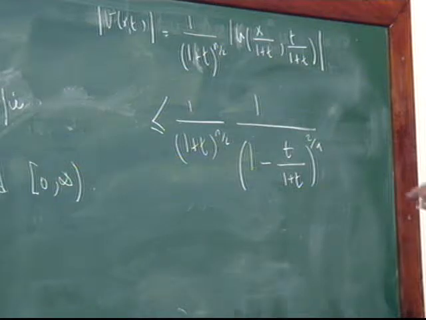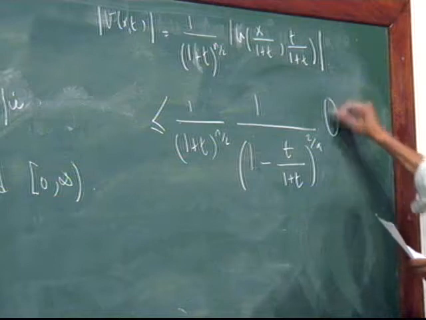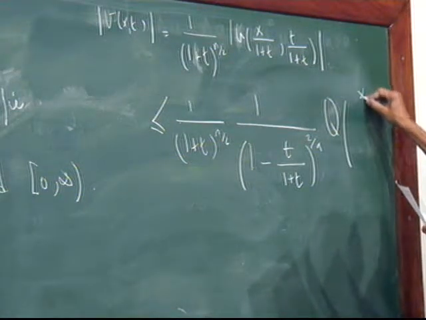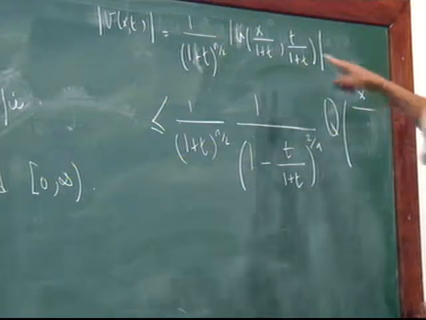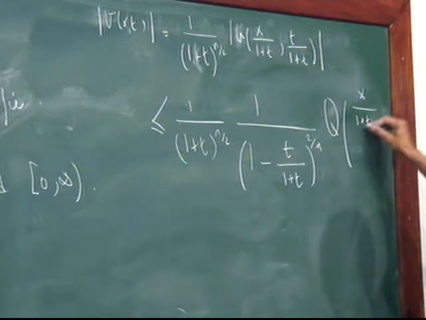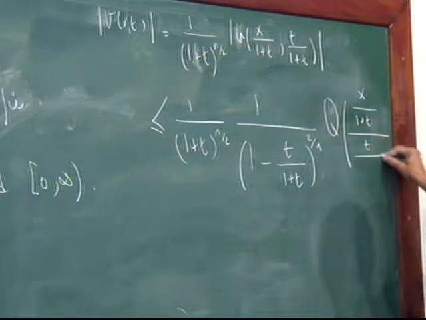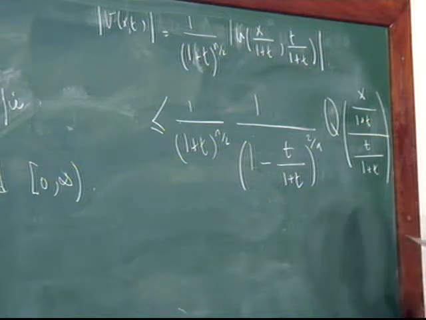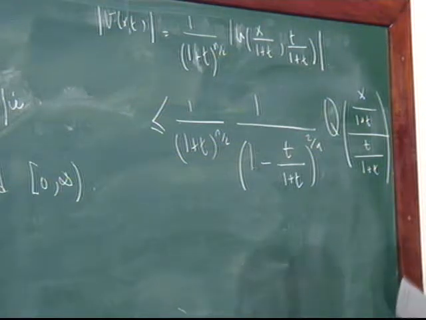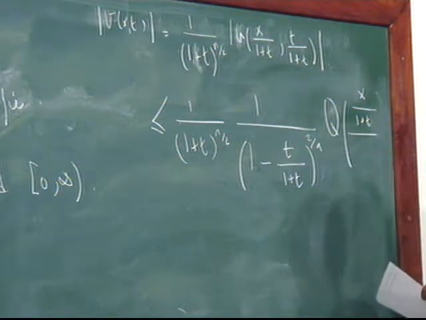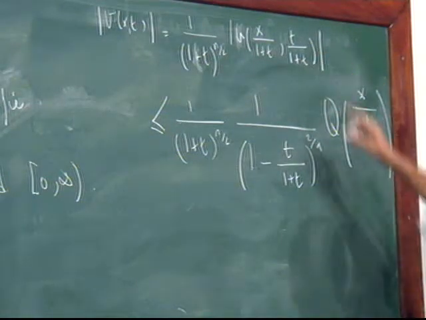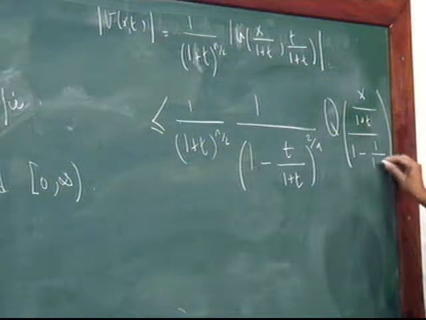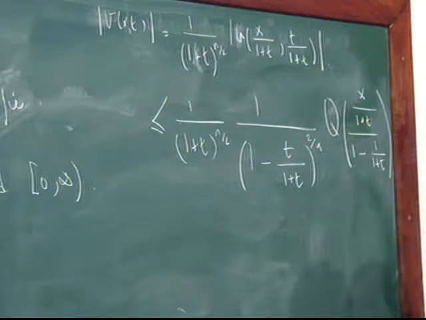Your time is this one. And then you have Q of what? Q of x over 1 minus t. But who is x? x is this variable, and t is this variable. x is this variable, and t is 1 minus t. That means it's 1 minus this. Is this okay?